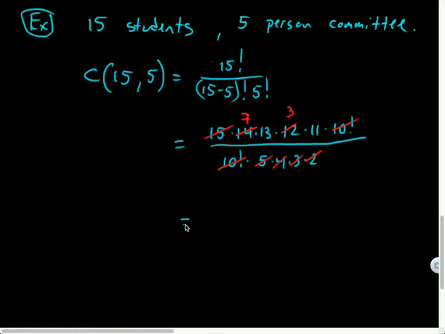So what I have is 7 times 13 times 3 times 11. Sometimes being able to cancel stuff out, if you don't have a calculator, lets you more easily do the work. 13 times 3 times 11 times 7 is 3003. Man, palindromes today.